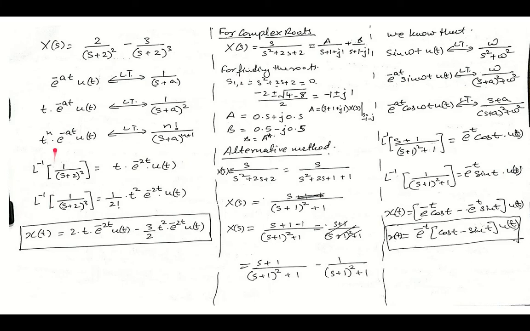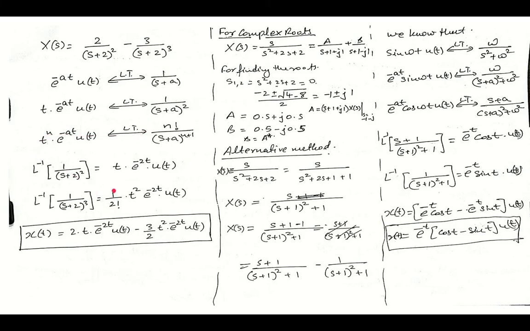Similarly, Laplace inverse of 1 upon (s plus 2) whole cube we can put in this formula. Since we are not having anything multiplied with it, and n factorial is just a constant, we can put it over here.